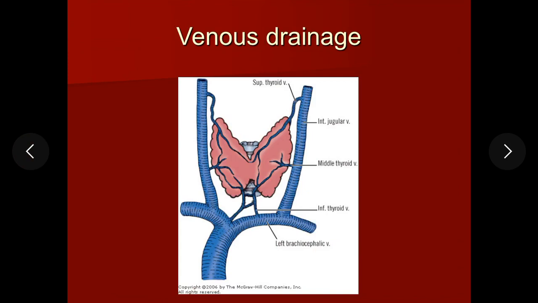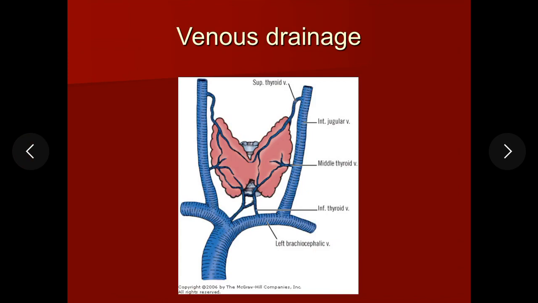When you were learning about the capsule, do you remember there were two capsules, one a true capsule, the other a false capsule, and I said the true capsule was a condensation of connective tissue. Outer to that you find the false capsule, produced as a modification of the pretracheal fascia. Do you remember that? And there I mentioned a venous plexus.